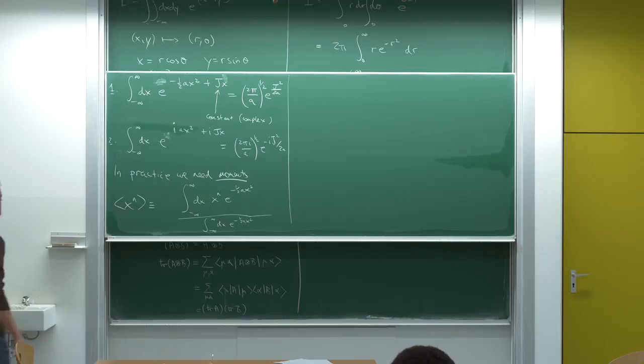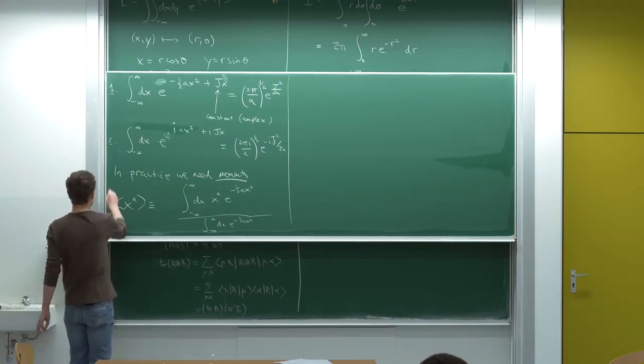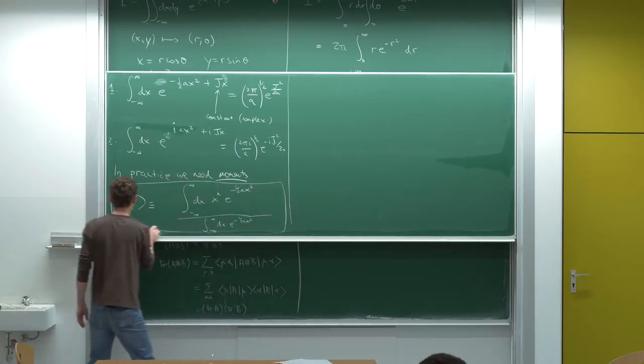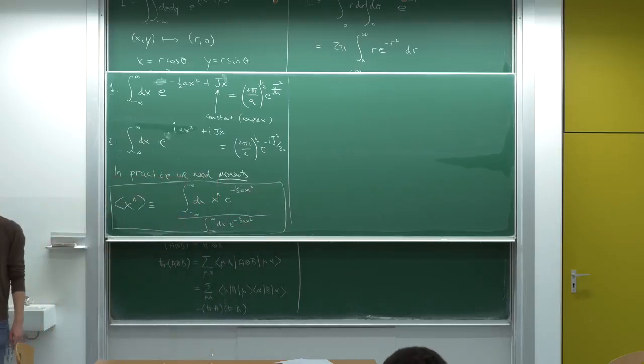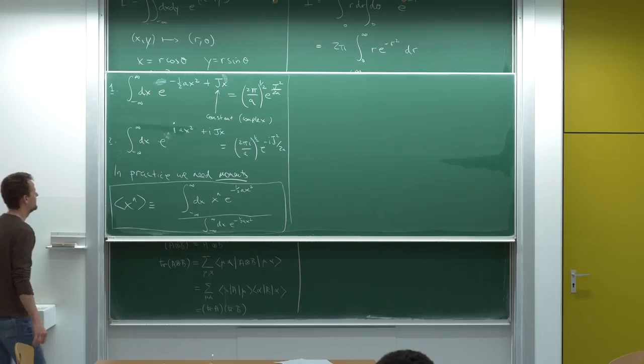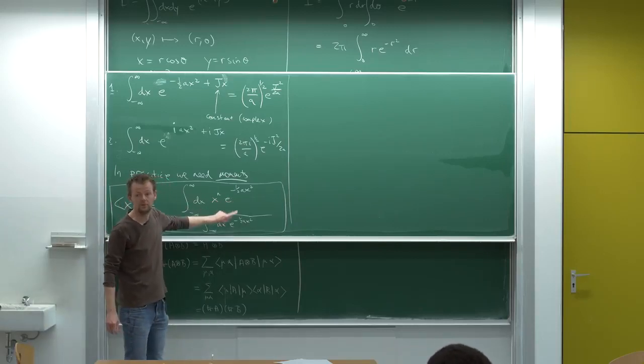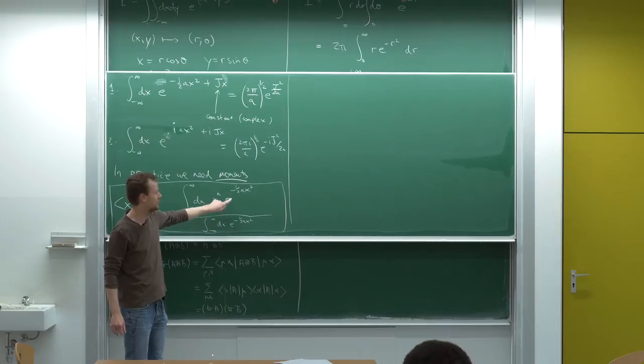So this is a crucial object that we encounter time and time again. It turns out to be directly related to correlation functions. We need to work out what these things are. So what are these? Well, I've turned the Gaussian here into a probability distribution. That's all I've done here by dividing by this number.